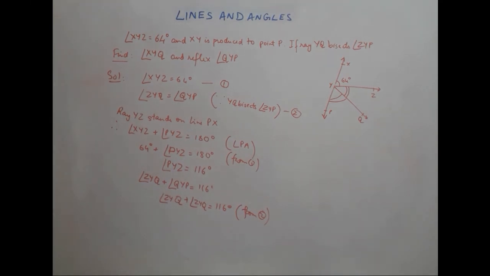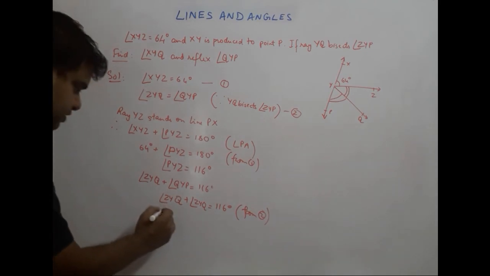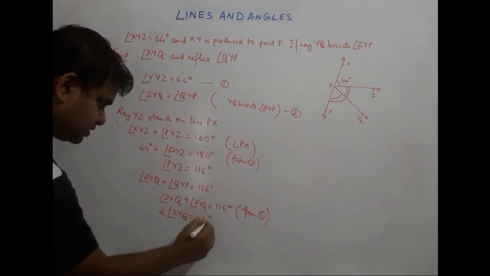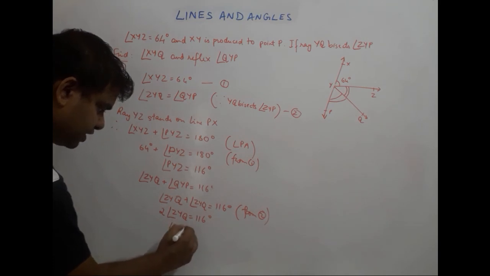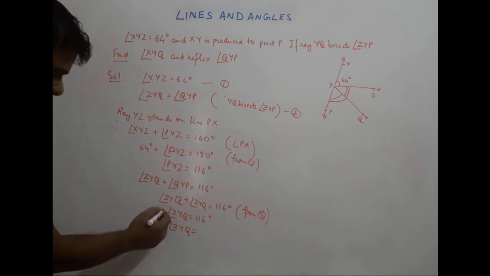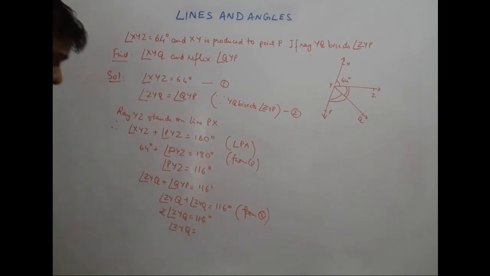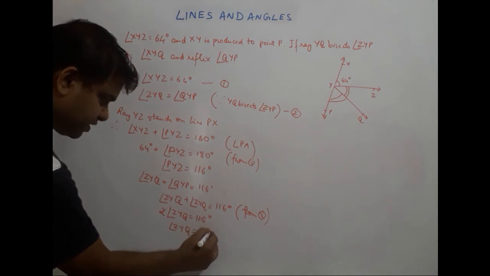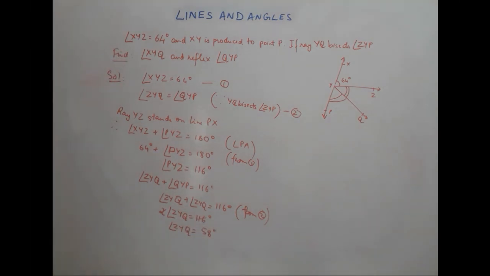Now we can write this as 2 times angle ZYQ equal to 116 degrees, and angle ZYQ can be written as half of 116 degrees. So I cancel 2 with 116 and we get 58 degrees. So angle ZYQ is equal to 58 degrees.